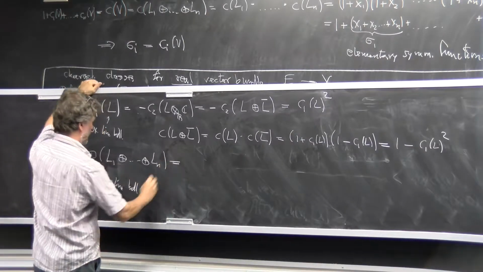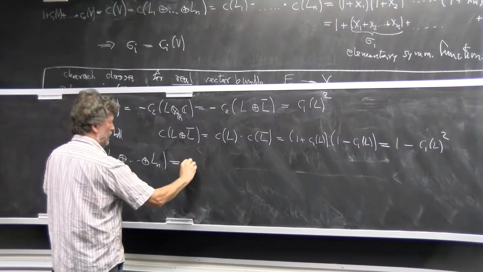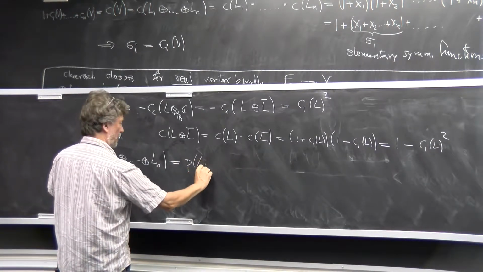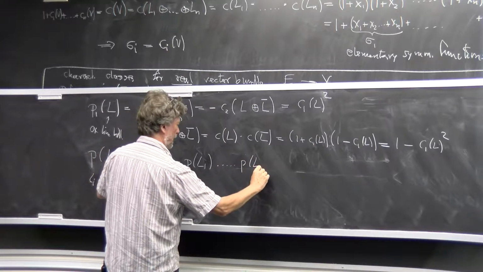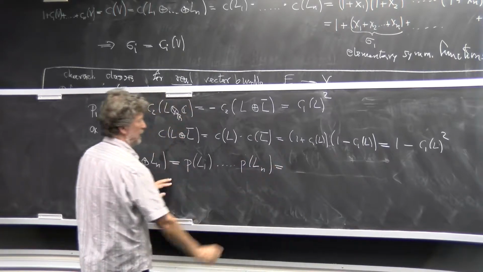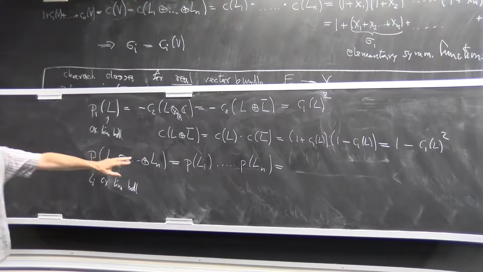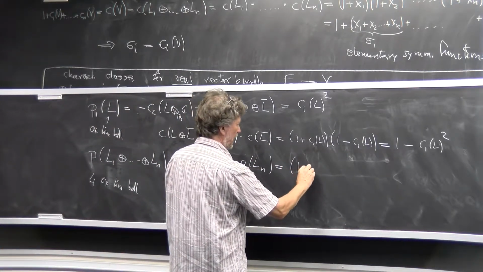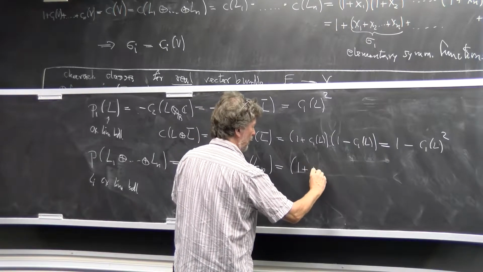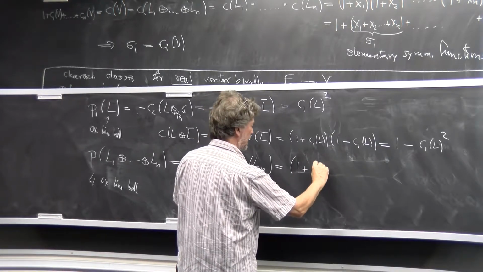We have the exponential property: that's the Pontryagin class of the first line bundle times and so forth up to the Pontryagin class of the last line bundle. What does the Pontryagin class of this line bundle look like? Well, according to this calculation, it's just 1 plus the square of the first Chern class.